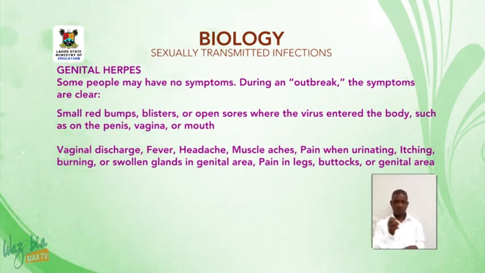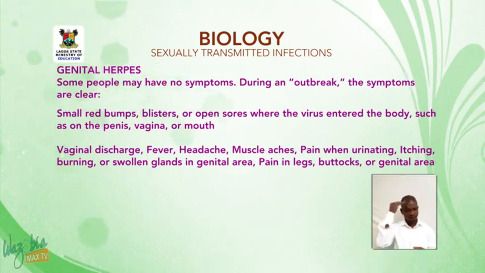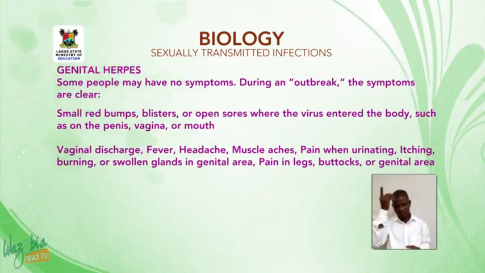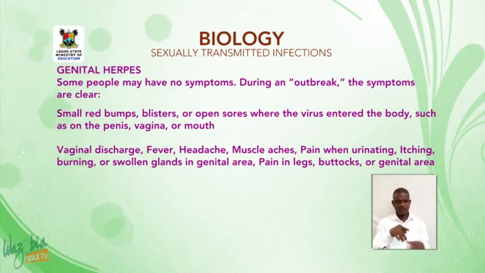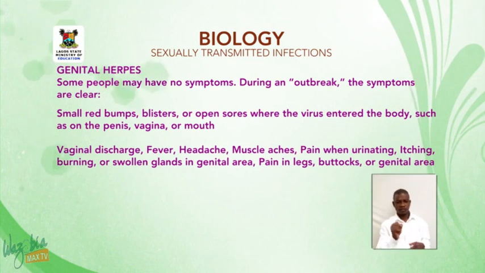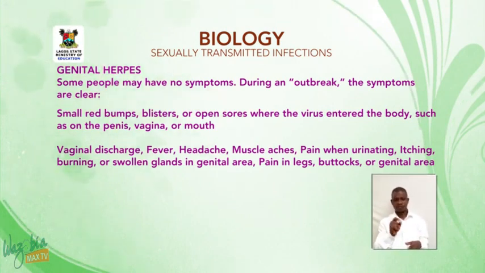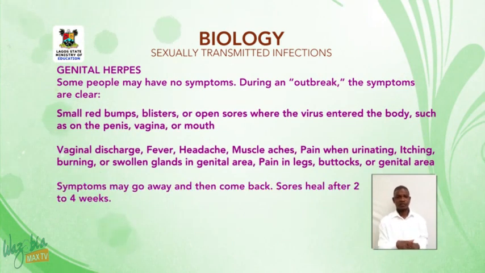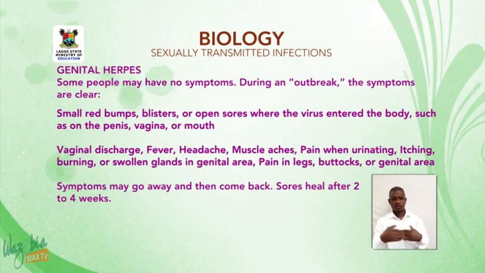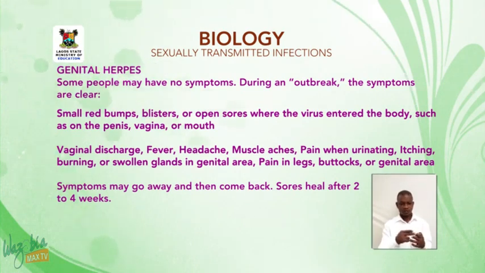Vaginal discharge, fever, headache, muscle aches, pain when urinating, itching, burning, or swollen glands in the genital area, pain in legs, buttocks, or genital area. Symptoms may go away and then come back. Sores heal after 2 to 4 weeks.